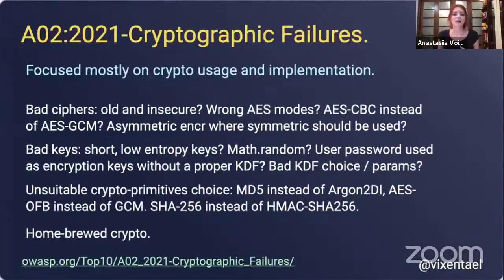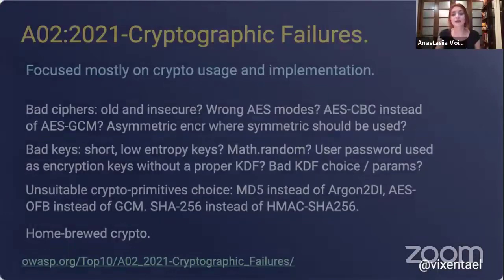I've seen examples where an inappropriate, not wrong, but unsuitable, inappropriate IV mode is used. And of course, let's not go into key management, because I still see applications that generate cryptographic keys using math random.